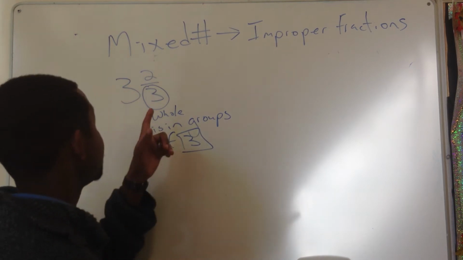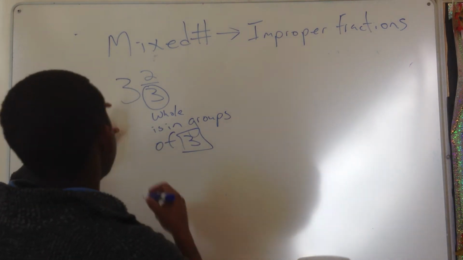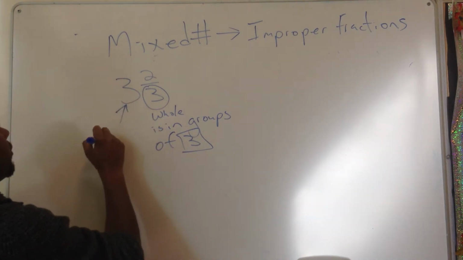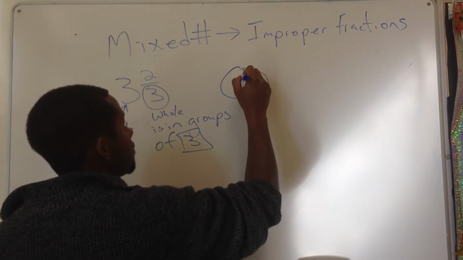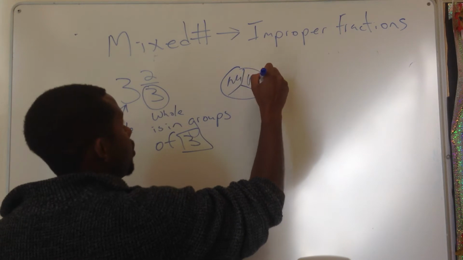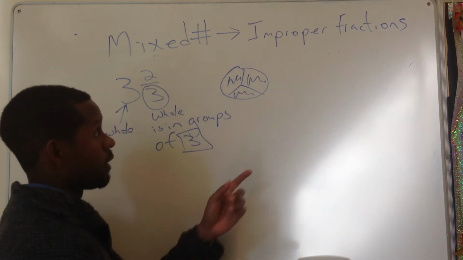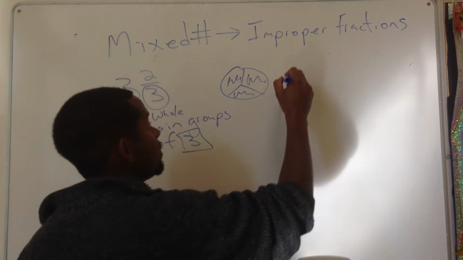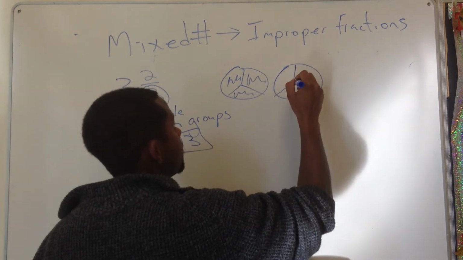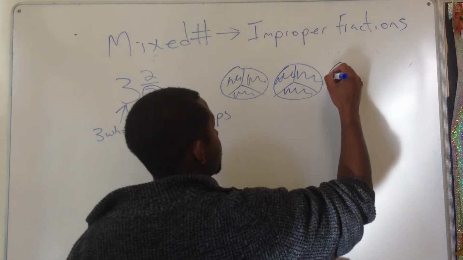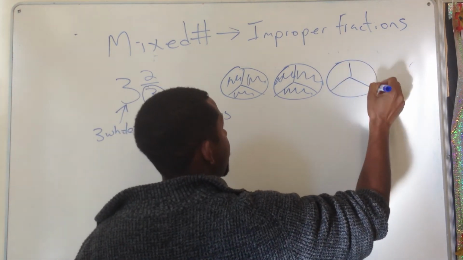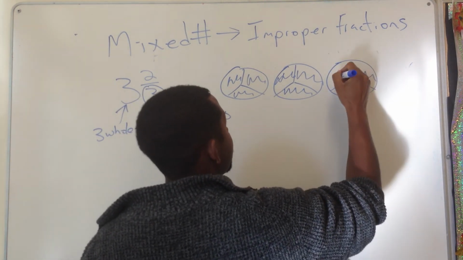So that's my key still. So I have 3 whole groups of 3. So I'll look at a circle. There's 1 whole group of 3, right? A circle, I have all 3 parts. There's a second whole group of 3. And there's a third whole group of 3.